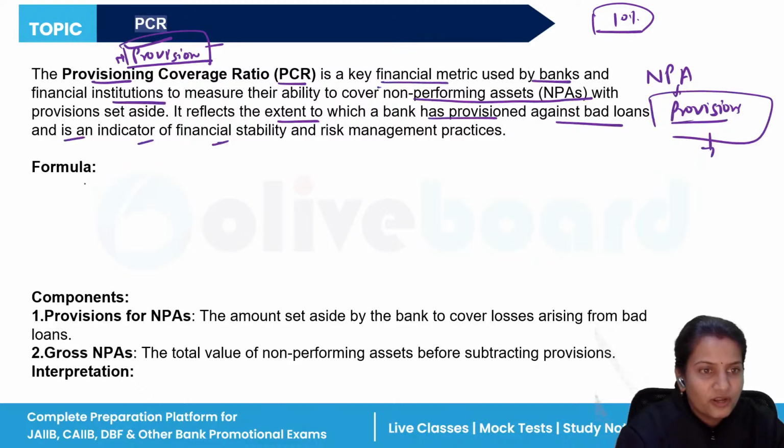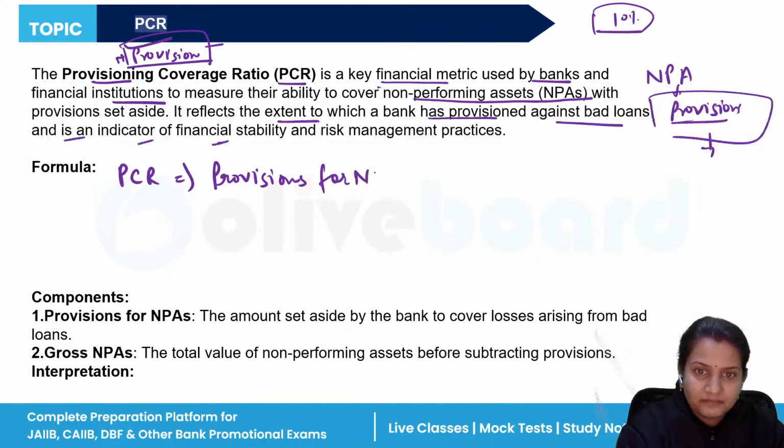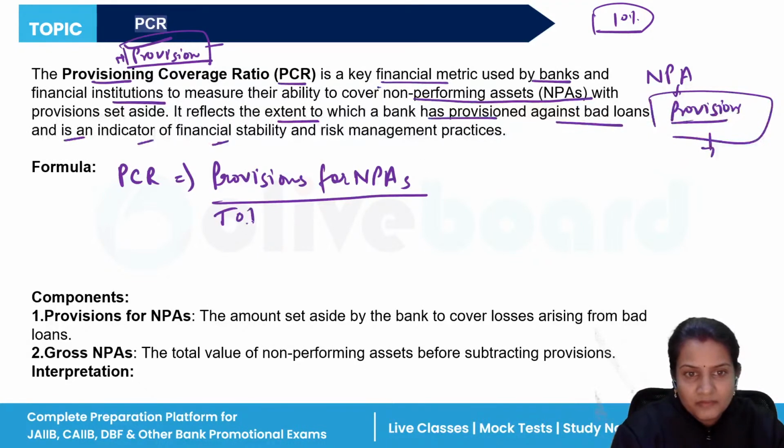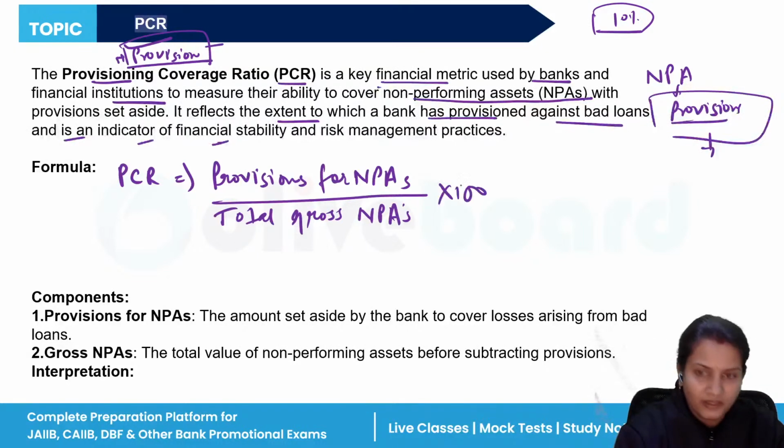So the formula for PCR is provisions for NPAs, non-performing assets, upon total gross NPAs, into 100.